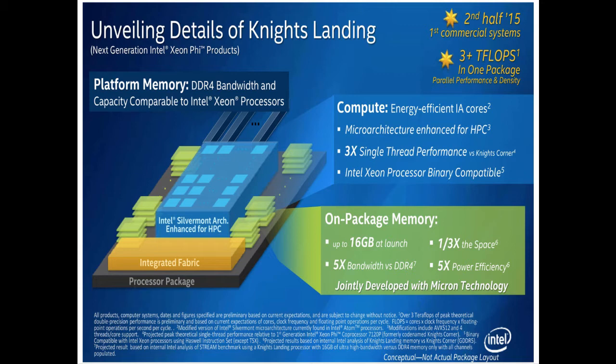And the main thing is that all prior Intel executables for other architectures will be able to run unchanged on Knights Landing. The key thing is that you will still have to make changes to your code in order to take advantage of the vector units in the architecture. So a recompile will be needed for optimal performance, but all executables are planned to run directly on that new system.